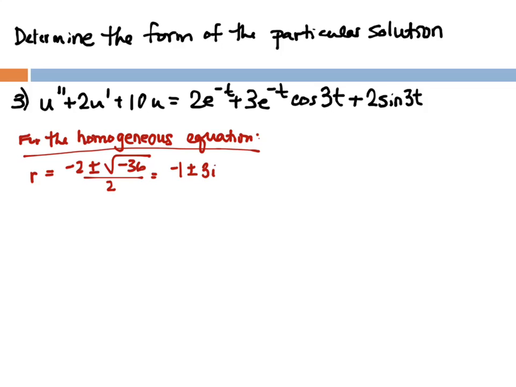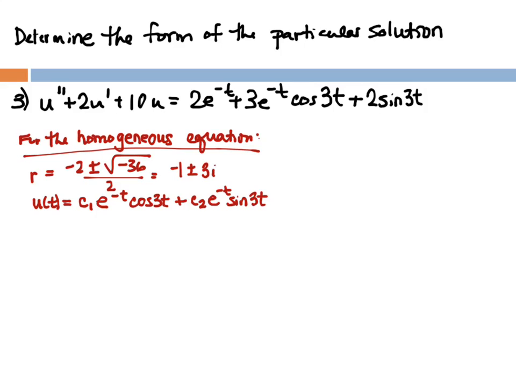And what would u of t look like based on this? So like the first one we did, right? C1 e to the -t cosine of 3t plus C2 e to the -t sine of 3t.